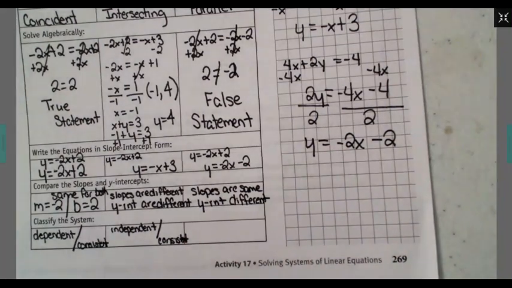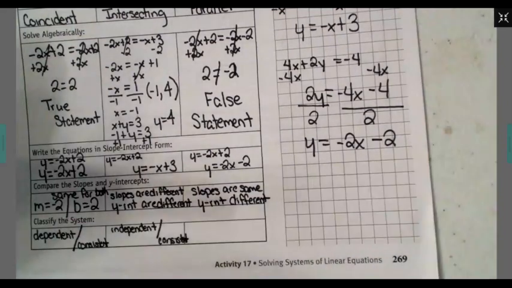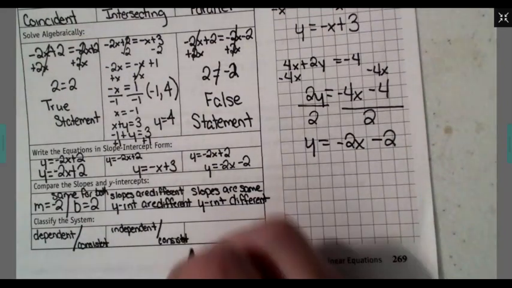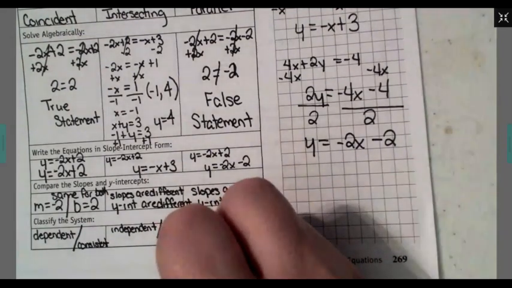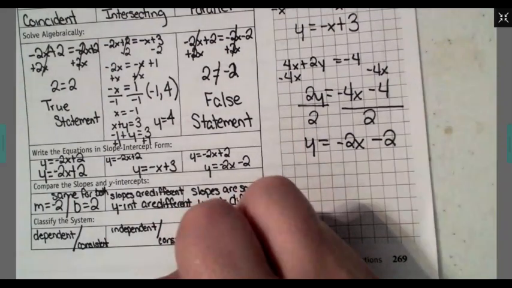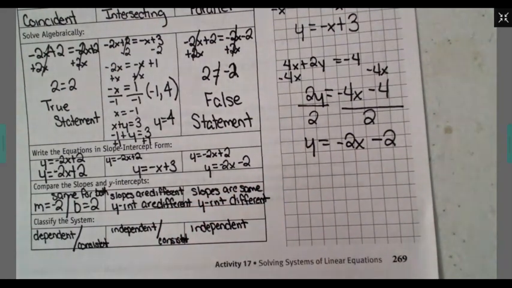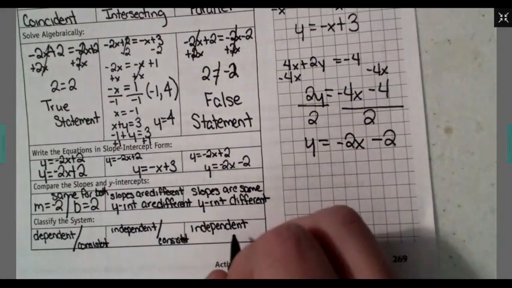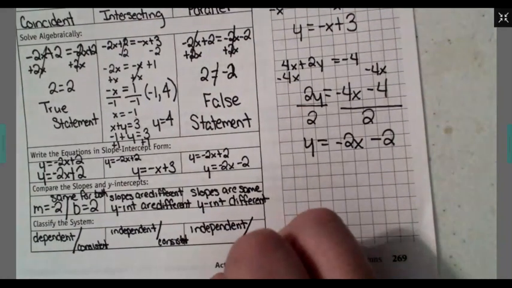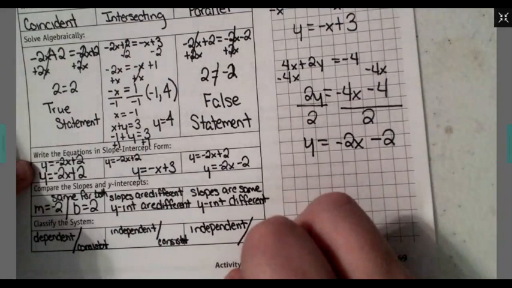Now it asks us to classify our system. Do I have two distinct lines? Yes, so that makes this independent. Do I have at least one solution? No, so that makes this inconsistent.